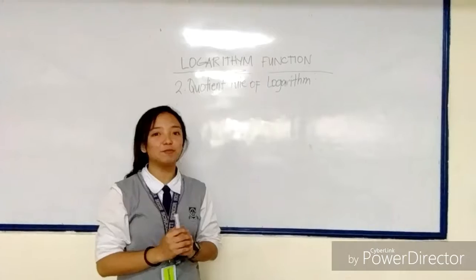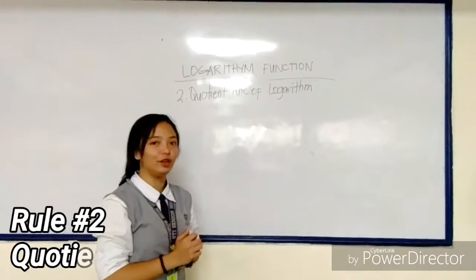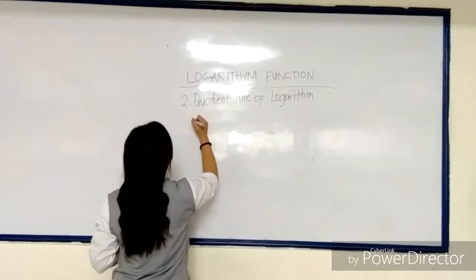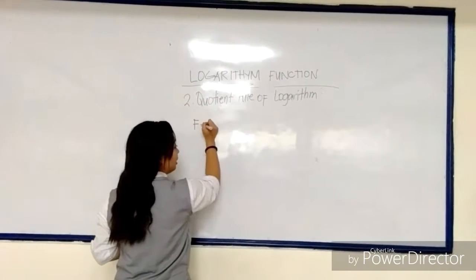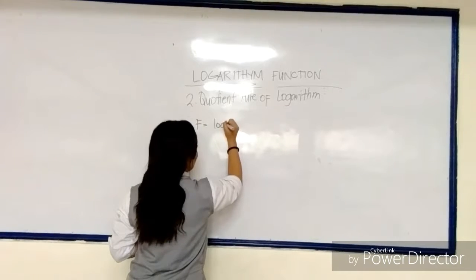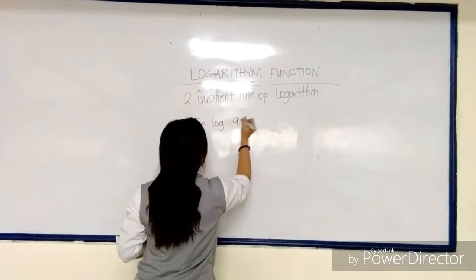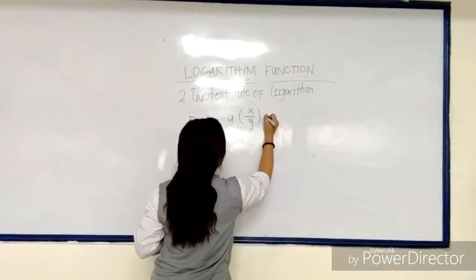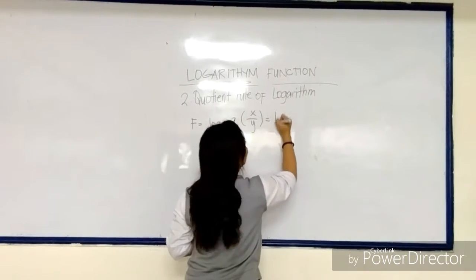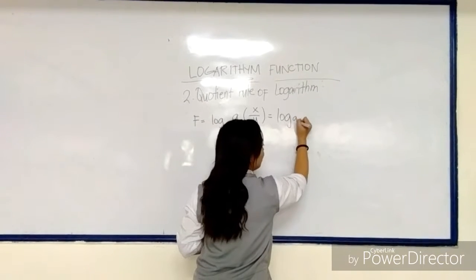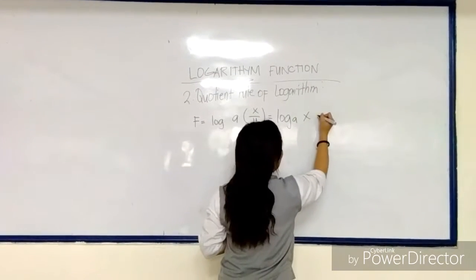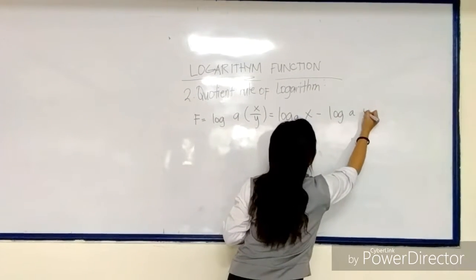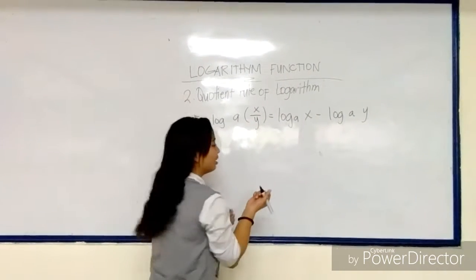This is rule number 2, which is the quotient rule of logarithm. The formula for this is log base a of quantity x over y is equal to log base a of x minus log base a of y.